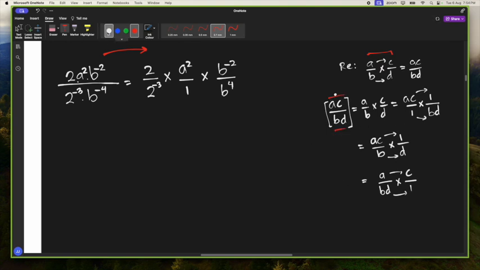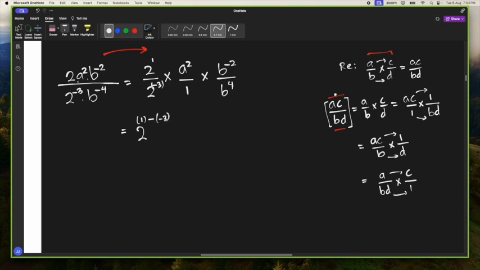And so now I can work on the parts separately, because I know that when you're dividing numbers, you minus the indices. So this 2 is 2 to the power of 1, the top one, minus the underneath one, which is minus 3.